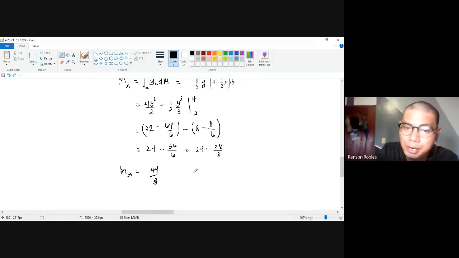So, therefore, bar y equals Mx over A, and that is equal to 44 over 3 over 5, which is equal to 44 over 15.